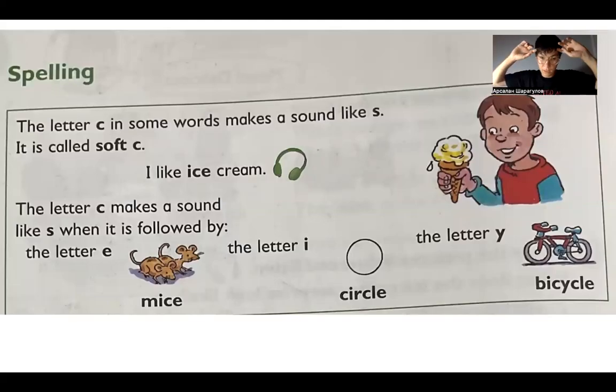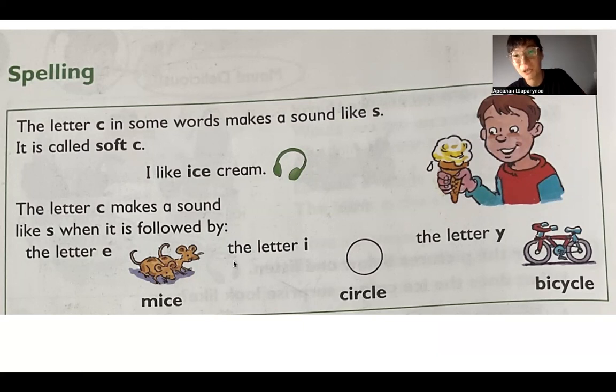Okay. The topic for today, letter C. How do you read the letter C? How do you pronounce it? If after letter C, you have E, like mice, letter I, like circle, or letter Y, like bicycle, you pronounce it like S. Okay?